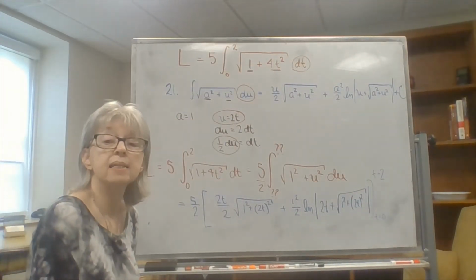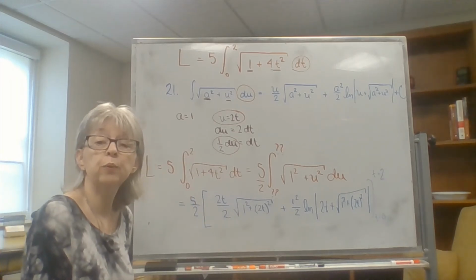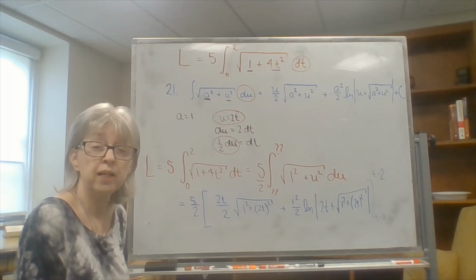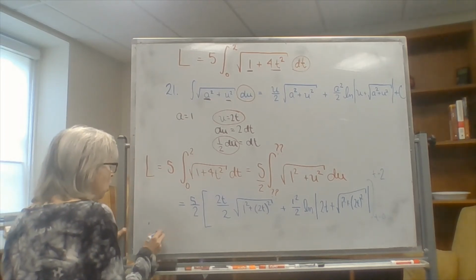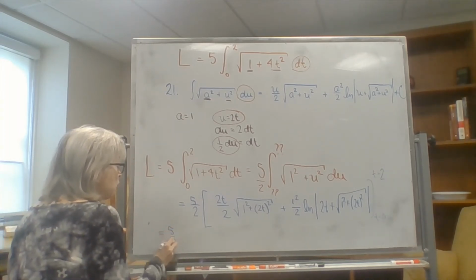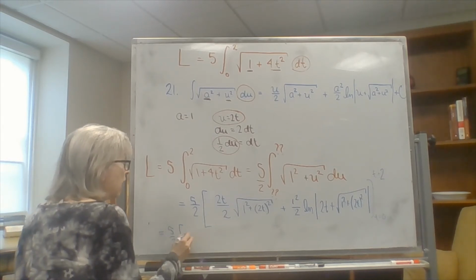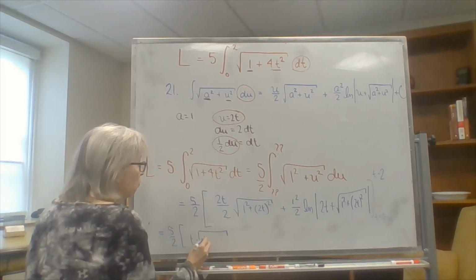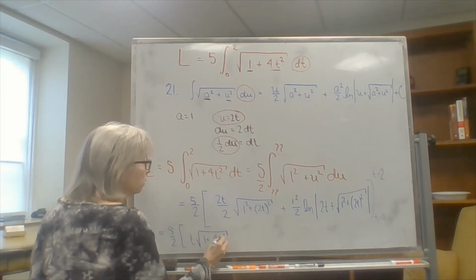Now, if you want to slide this 5/2 through, that's fine. If you want to keep the 5/2 out, that's also fine. There is just a small amount of cleaning that I would do before I plugged in any numbers, and I'd simplify this to t square root of 1 plus 4t squared.